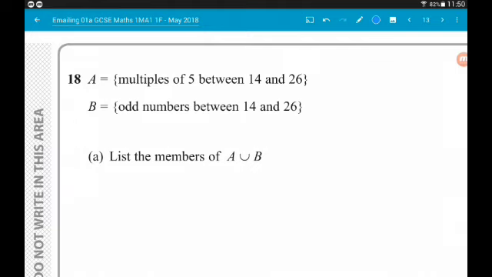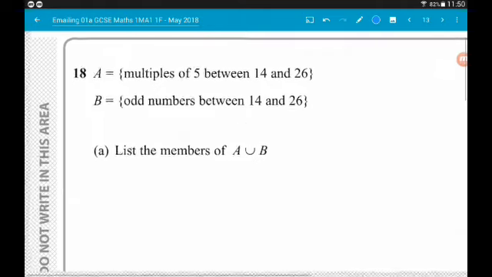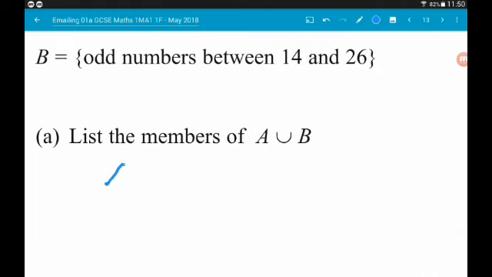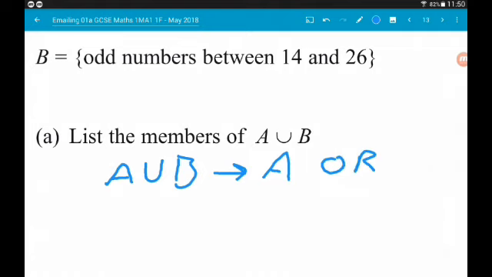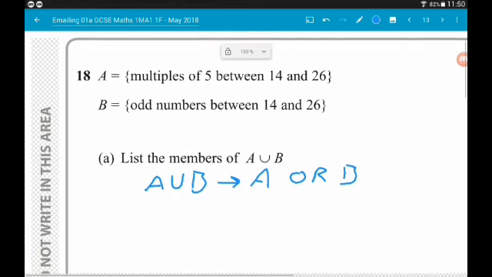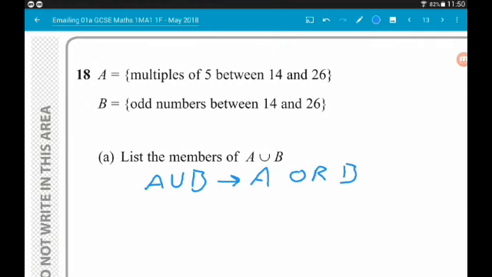Part A asks us to list the members of A union B. Now in English, A union B means A or B. So, in terms of our sets, we want numbers that are either a multiple of 5 or odd.